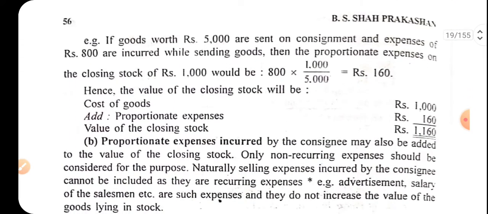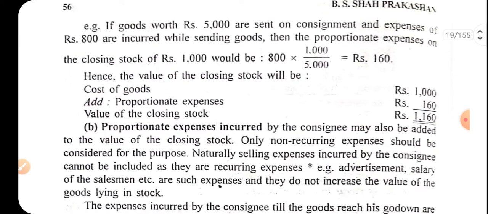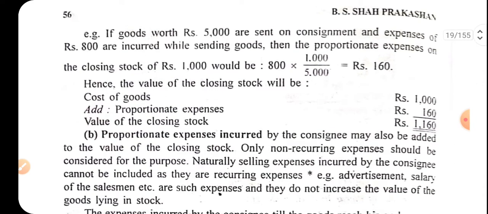For example, if goods worth 5,000 rupees are sent on consignment by the consignor to the consignee, and for sending these goods the consignor has paid 800 rupees as expense, the proportionate expense of closing stock will be evaluated as follows.